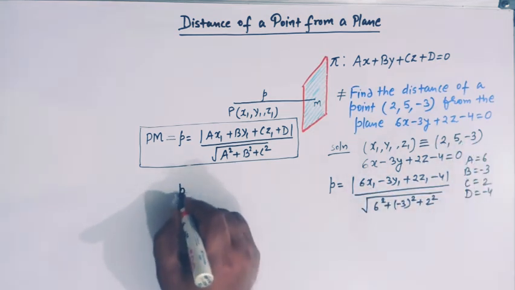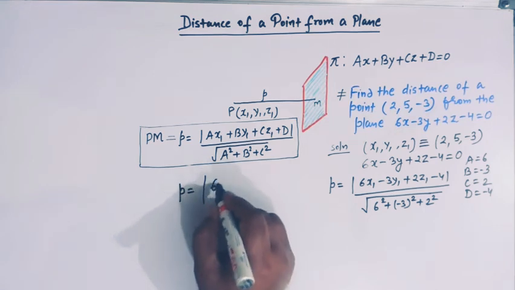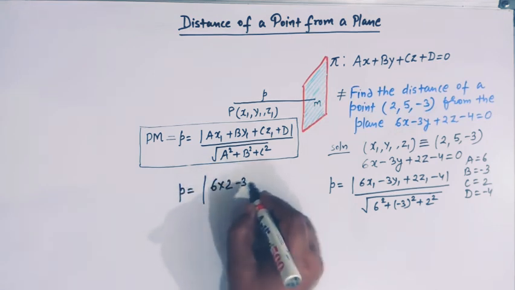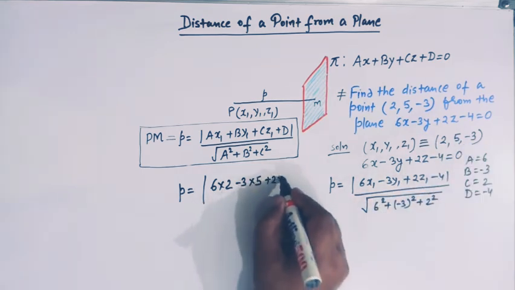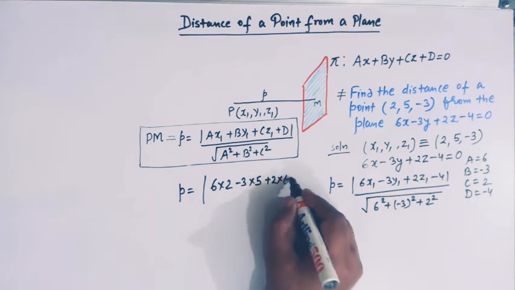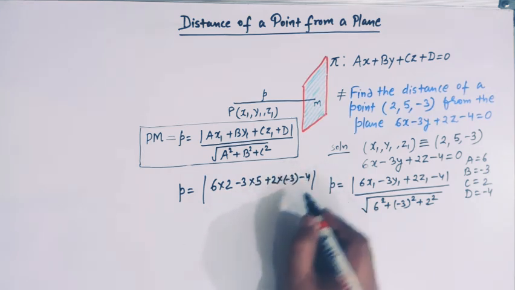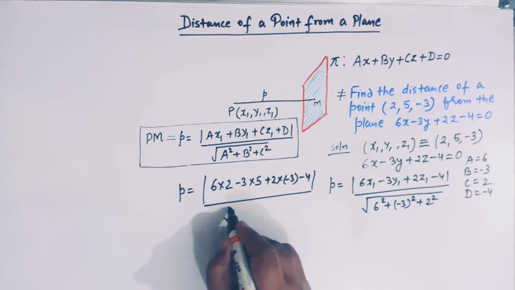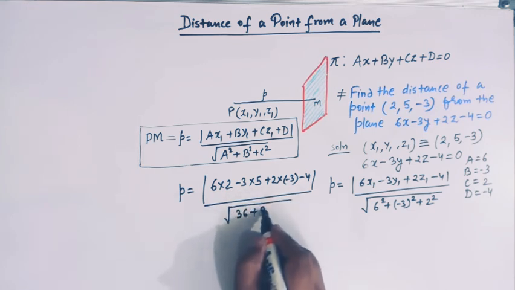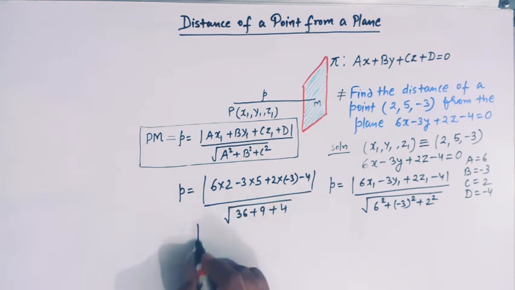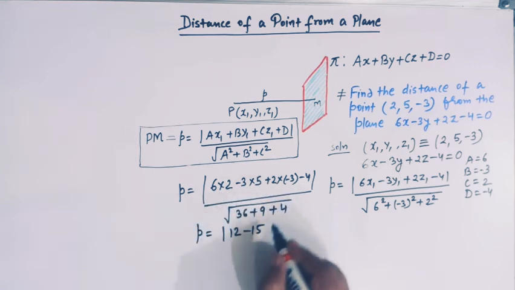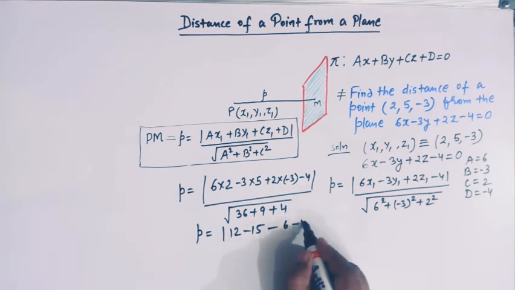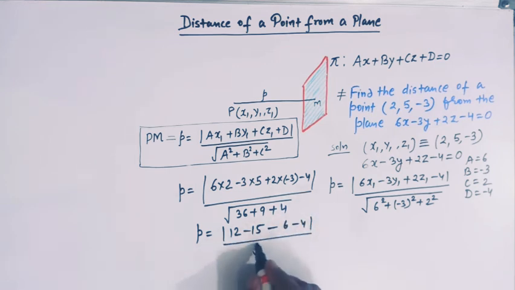So now we'll substitute the value of x1, y1, z1, that is 2, 5 and minus 3 here. So we'll get P is equal to 6 multiplied by 2 minus 3 times 5 plus 2 times minus 3 minus 4 and divided by 36 plus 9 plus 4, right? So P is equal to 12 minus 15 minus 6 minus 4 and divided by square root of 49, right?